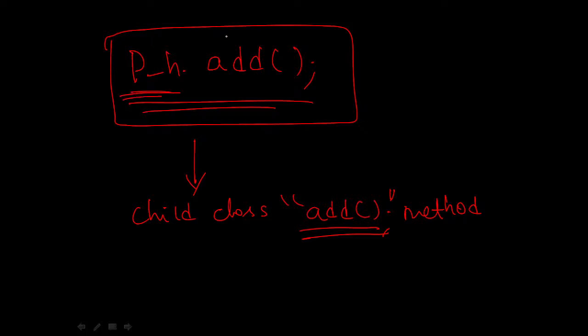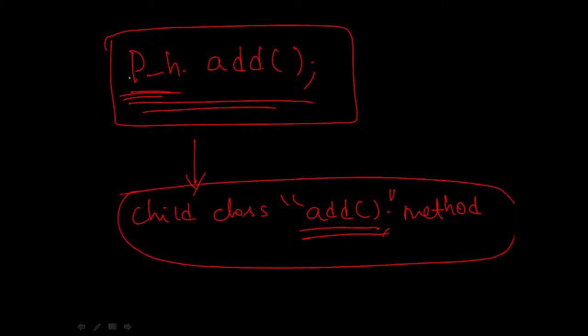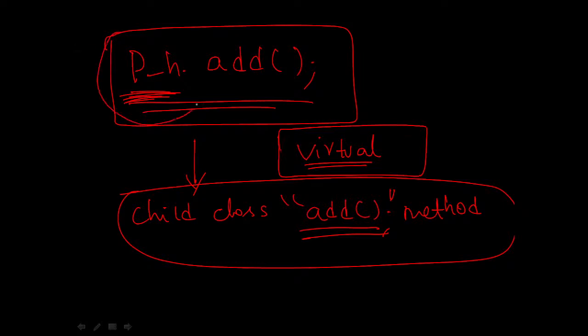When we call p_h.add, the add method in the child class is being called. Therefore, p_h is now acting as a child class handle.